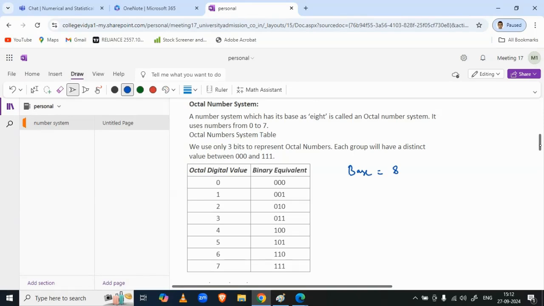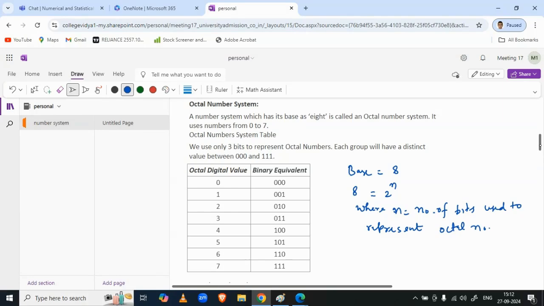How many bits are used to represent an octal value? How can we calculate it? The base 8 is equal to 2^n, where n is the number of bits used to represent an octal number.